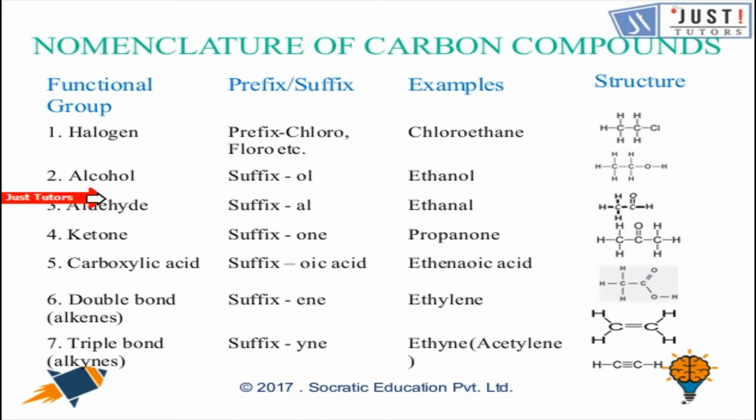For the alcohol group, ethanol, we have discussed that. Ketone we have discussed. Then for carboxylic acid, we use the suffix oic acid. If we have ethane plus a carboxyl group, we can say ethanoic acid. And double bond we have discussed, ene, and triple bond, yne.